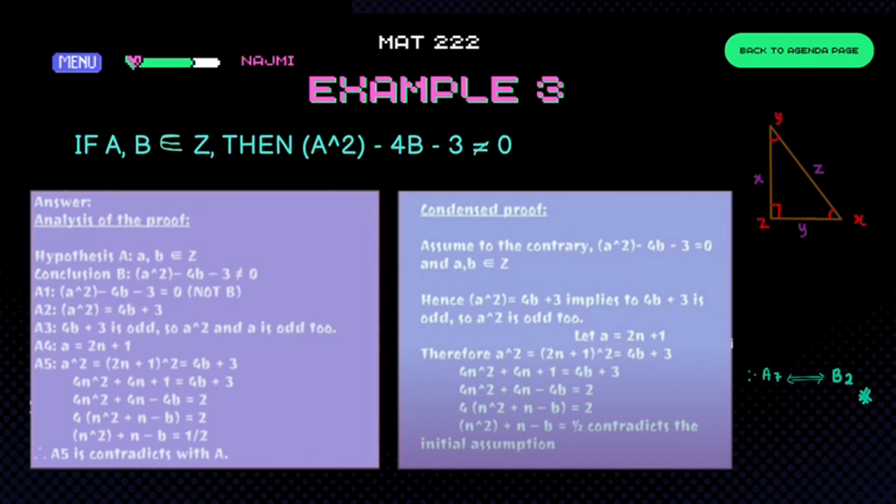A1, a squared minus 4b minus 3 equals 0, which is not B. A2, a squared equals 4b plus 3. A3, 4b plus 3 is odd, so a squared and a is odd too. A4, a equals 2n plus 1. A5, a squared equals 2n plus 1 squared equals 4b plus 3.